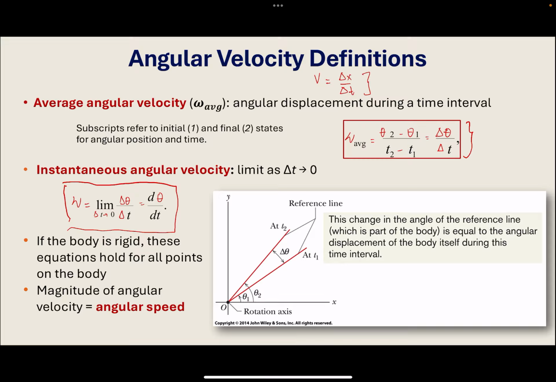For a rigid body, this equation applies to every point on the body because all parts of a rigid object rotate together as one solid unit. So a wheel, a gear, or a turbine blade all share the same angular velocity. The magnitude of this velocity is called angular speed. The direction convention remains the same. Counterclockwise is positive, clockwise is negative.